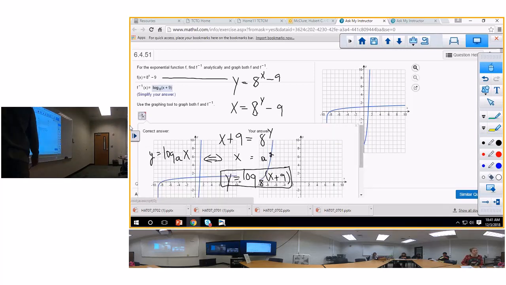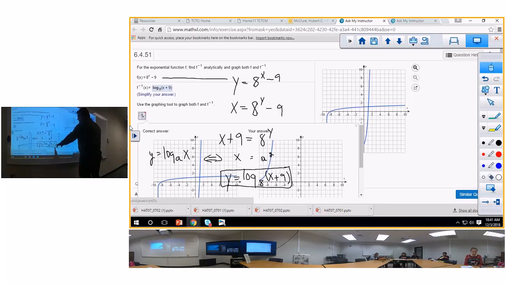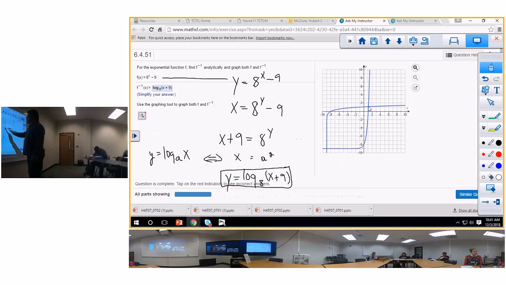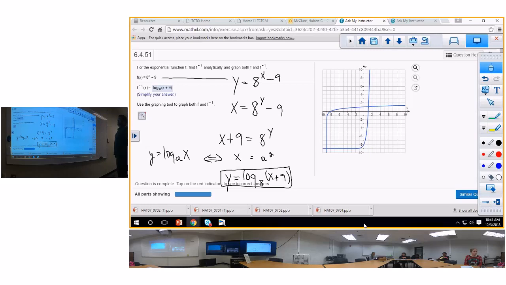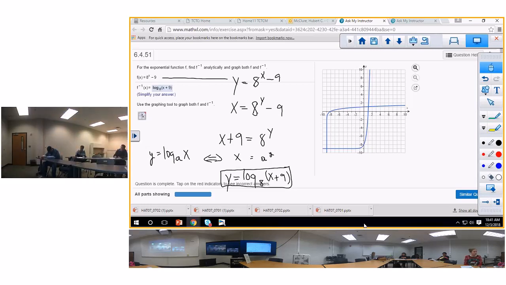Okay, it's not going to let me put it. But you're going to graph 8 to the x minus 9, and then you're going to graph the log base 8, and that's what it's supposed to look like. Now, if you wanted to find out where they equal, you would set them equal to each other, and that's the intersection point right there. But I'm not going to worry too much about that, so I'll take those off.